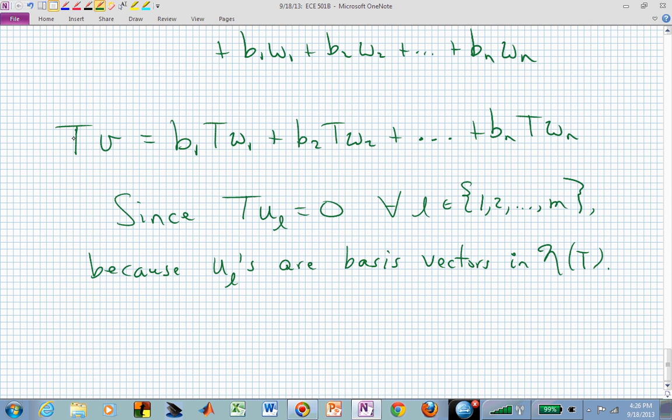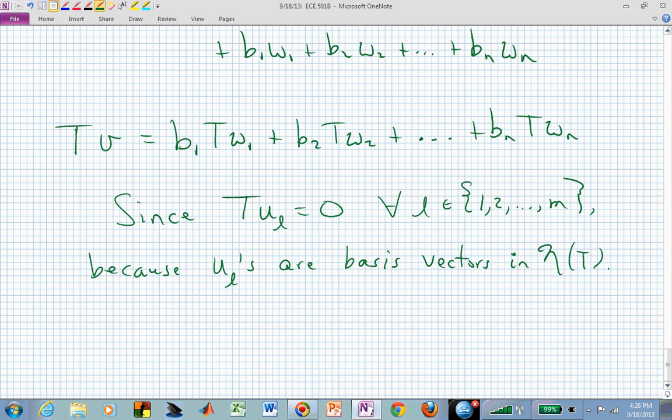Now, we picked a v that was just a generic v, and the w's were spanning the rest of the domain that wasn't getting mapped to the origin. So all of these w's, when operated on by T, are going to cover the range of T, right?